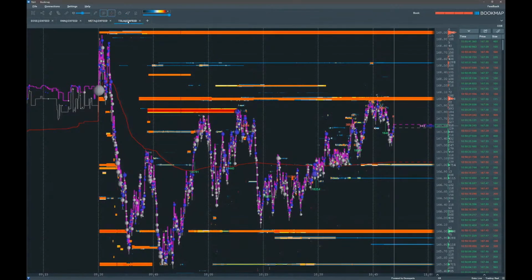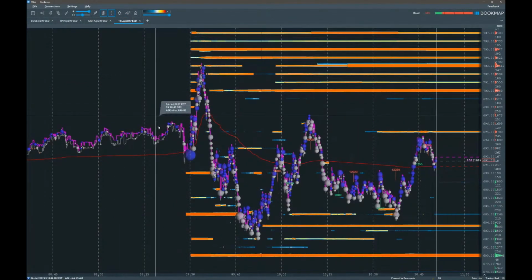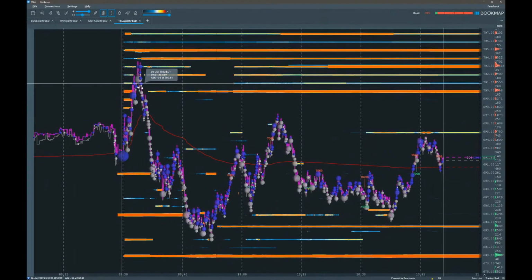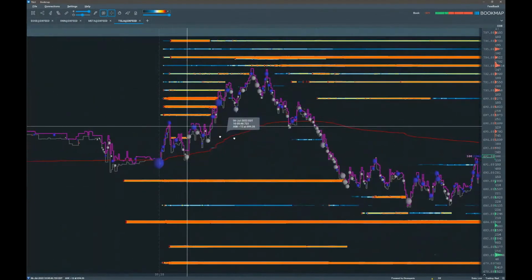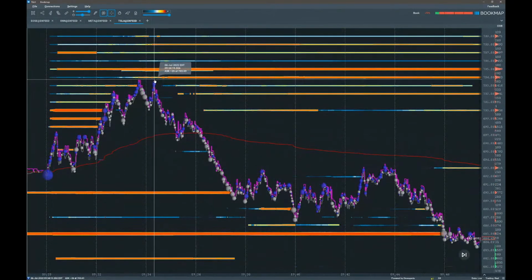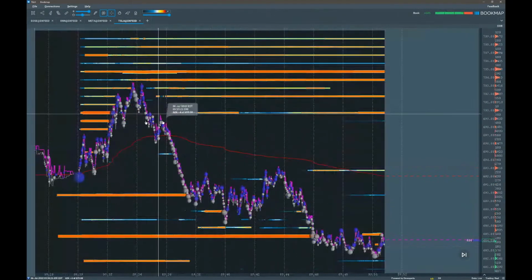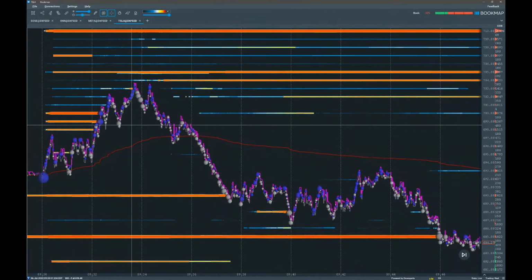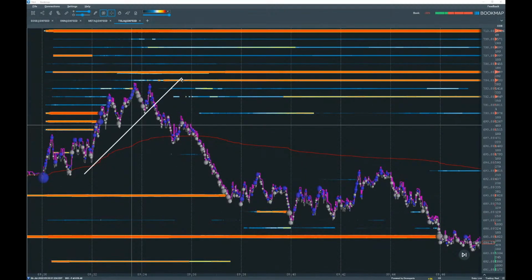The last one was Tesla. Again, not super useful over here. I just saw some exhaustion of the move, but mainly I was looking at the trend line.